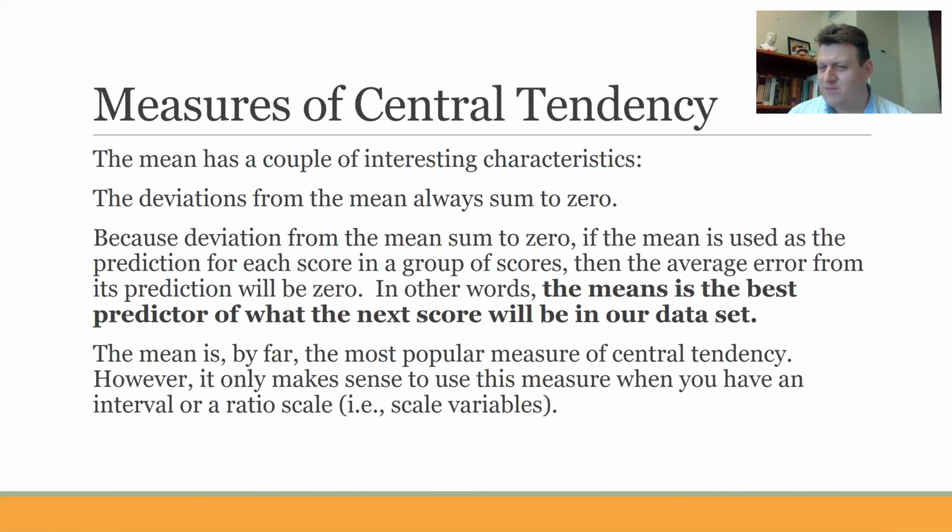But it turns out that this is somewhat problematic because, again, the intervals for a Likert scale are not consistent. The psychological difference between a 3 and 4 might be different from the psychological distance between a 4 and a 5. So we have to be cautious if we're using a mean because we might obscure the true meaning of the data because we're dealing with an ordinal scale of measurement as opposed to an interval or ratio scale of measurement.